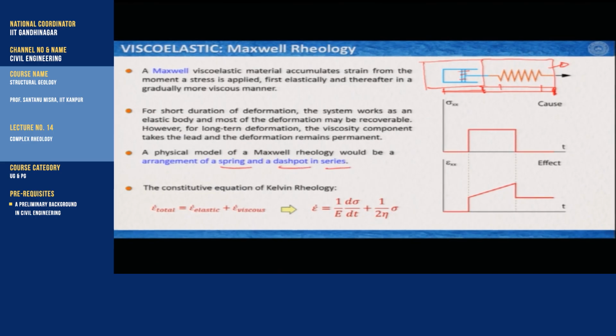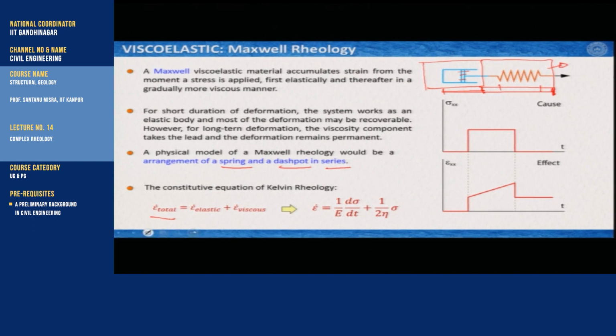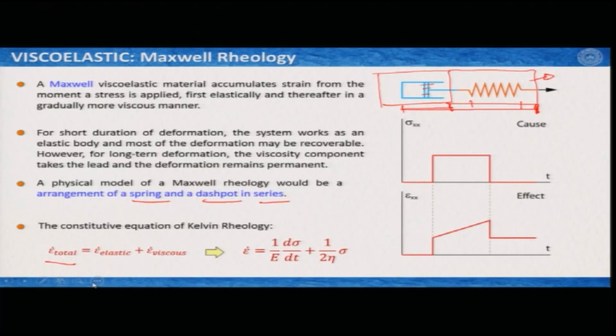Once we do it in series, the equation is very straightforward. The total strain rate is the sum of the strain rate of the elastic and the strain rate of the viscous components. And if we expand or resolve this equation, it takes this slightly more complex shape.